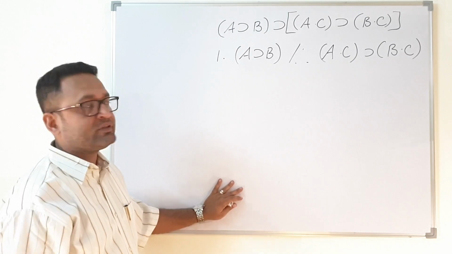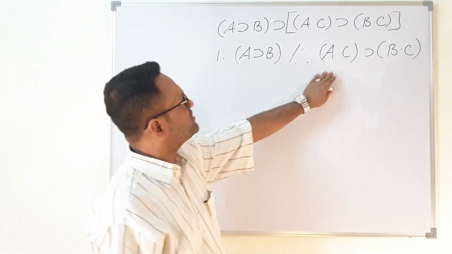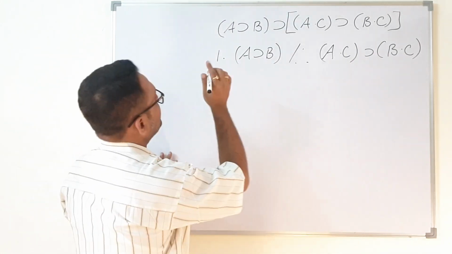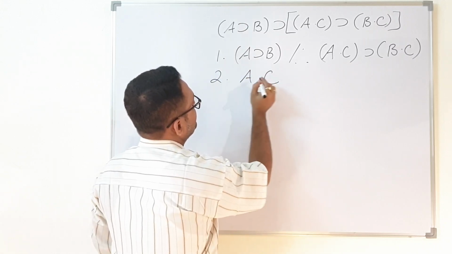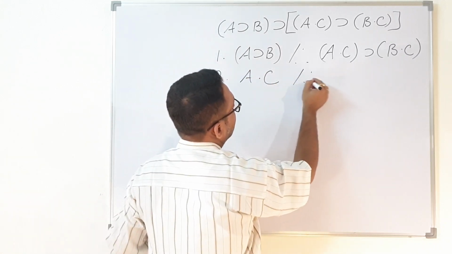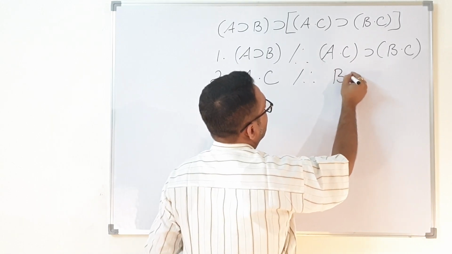Now we can prove this, but you can see that we can apply conditional proof again. So let us apply conditional proof again. A dot C. Okay. Therefore, B dot C.